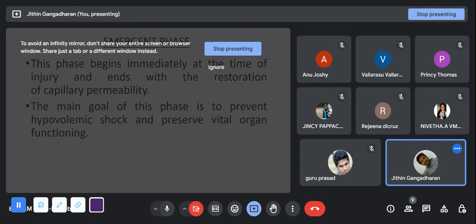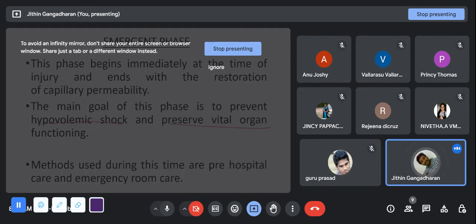What is the main goal? The main goal of this phase is to prevent the patient from hypovolemic shock and to preserve the vital organs.